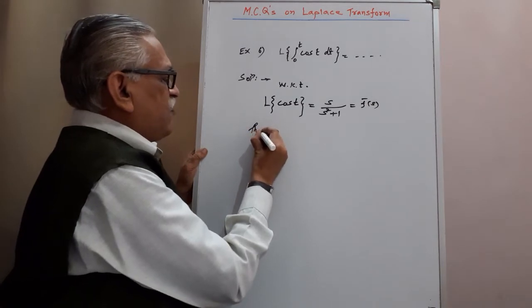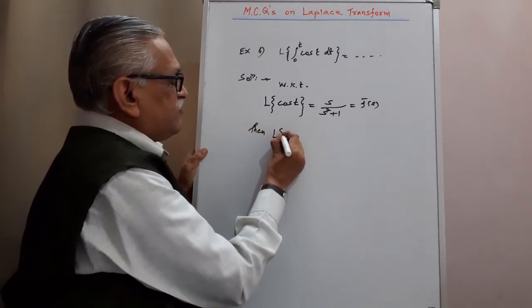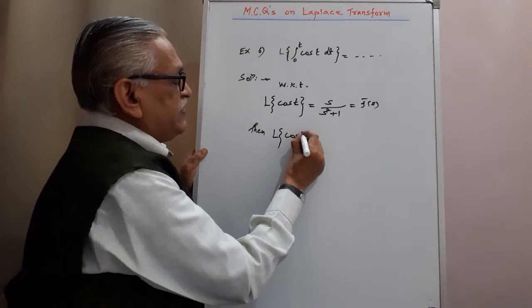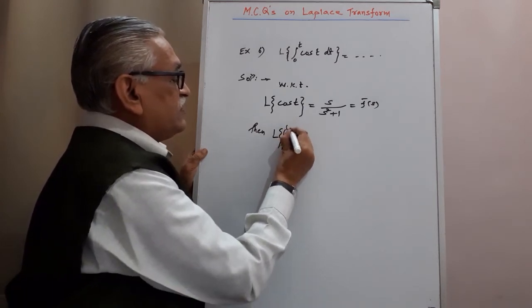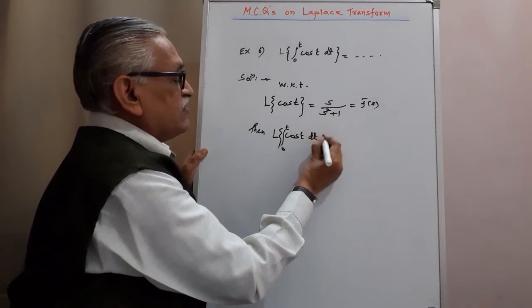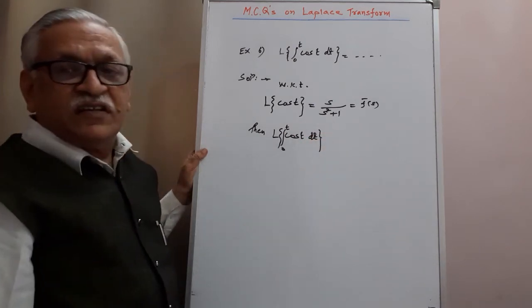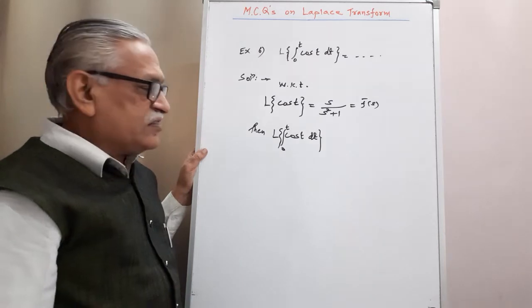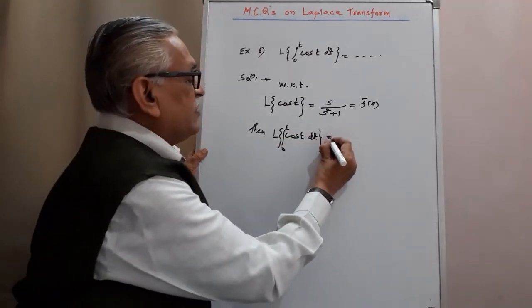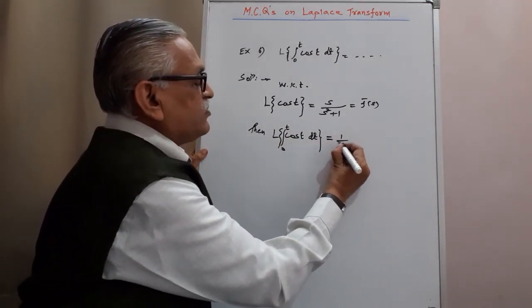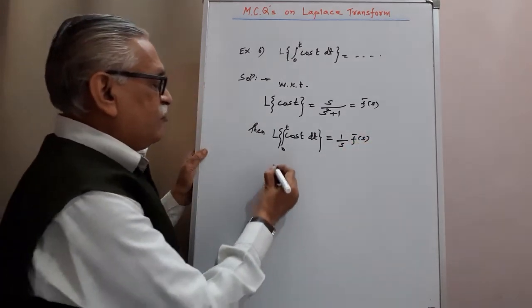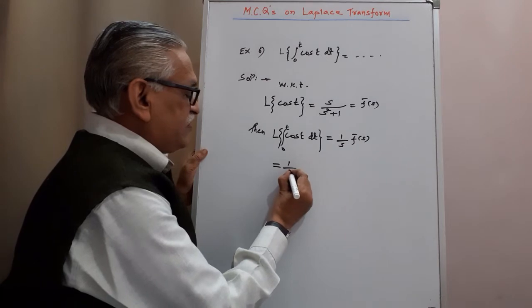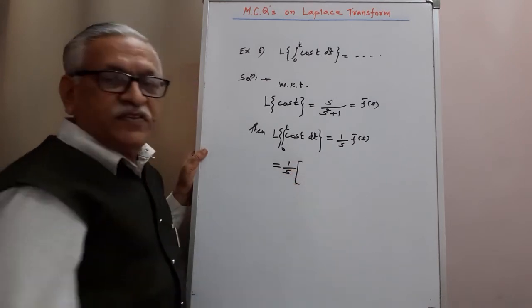Then, by the standard theorem, the Laplace transform of the integration from 0 to t of cos t is given by 1 by s into f bar of s. Therefore it equals 1 by s f bar of s.